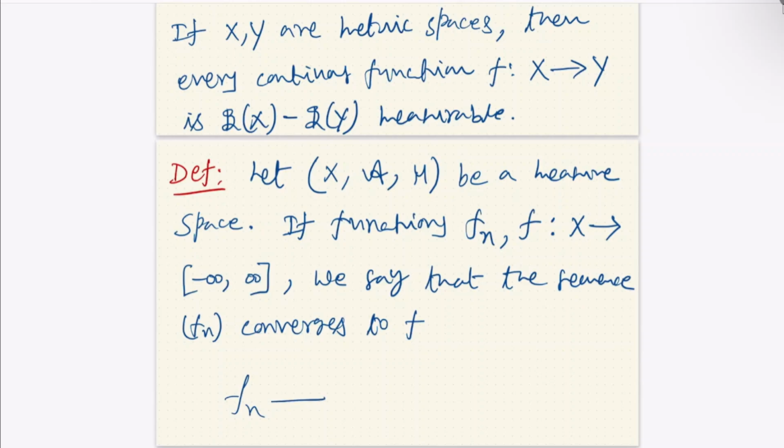That's how we usually write it: fn converges to f pointwise. Of course, we have to mention pointwise, and not just pointwise. You know already what pointwise is; I just say another extension of that one. Pointwise, mu almost everywhere.